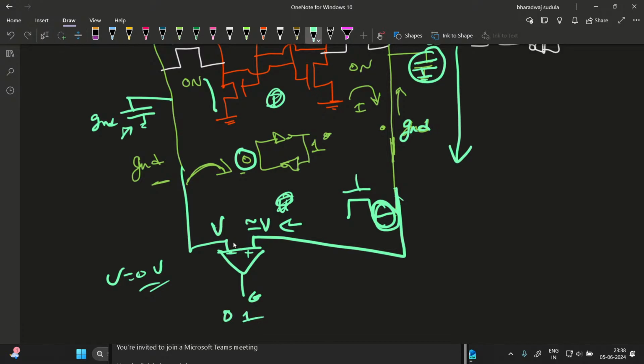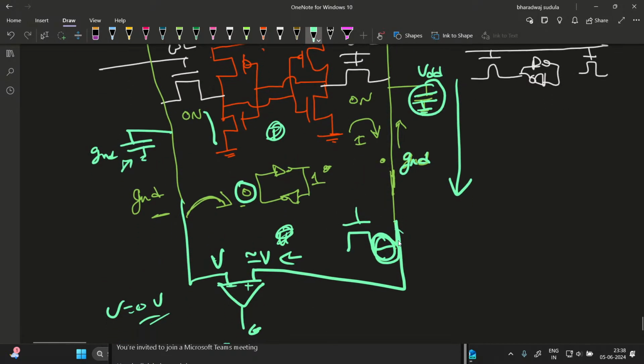We mainly do this because we want to keep both bit lines at the same potential. That is the main agenda. What I'm trying to say is, you have 0 and 1 here, right? If I could pull out this wire and consider this as an output, I could directly say that this bit line is 0.